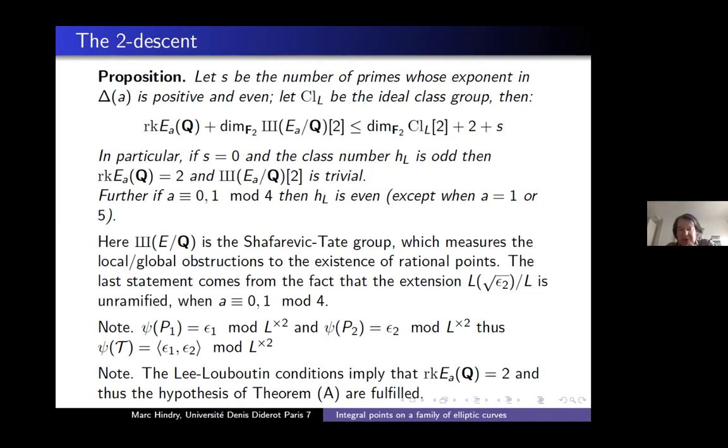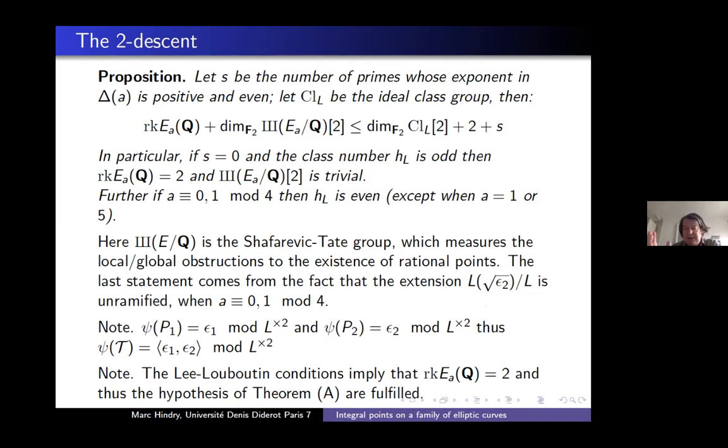I have included a comment. If A is congruent to 1 or 0 modulo 4, then the class number is always even, except when A equals 1 or 5. These are the exceptions. The reason is that when you take the extension of L by the square root of the unit epsilon 2, it is an unramified extension.